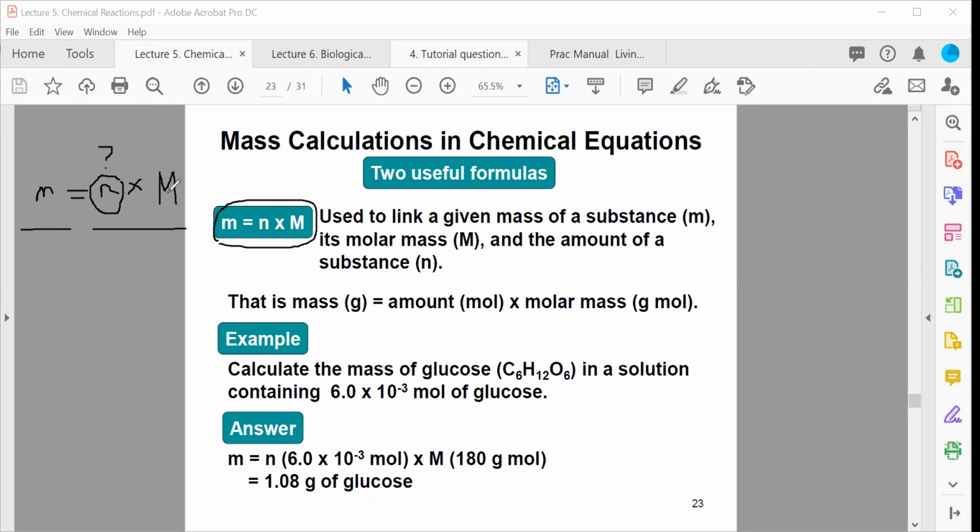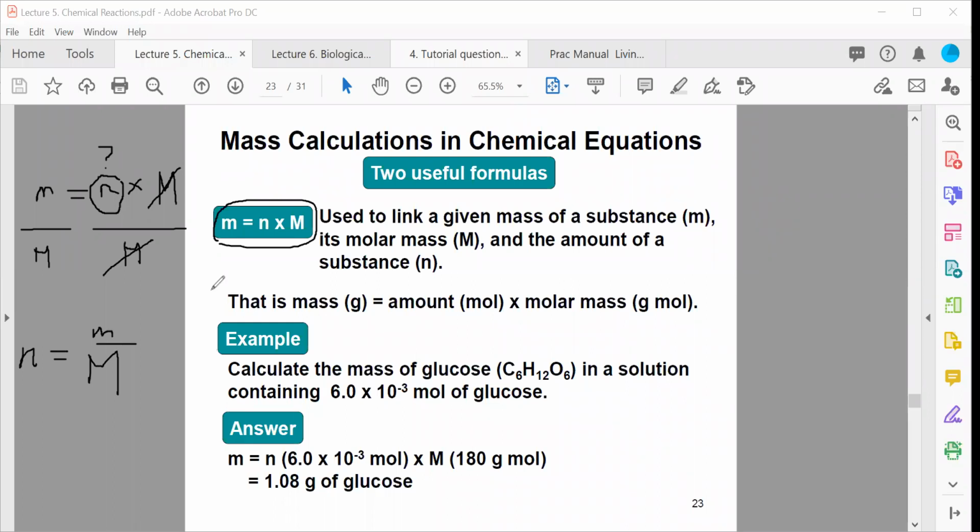So we want to get rid of this one from that side of the equation. So we put it there, and cross those ones out. And that leaves you with N, number of mole, equals mass divided by molar mass. Good.